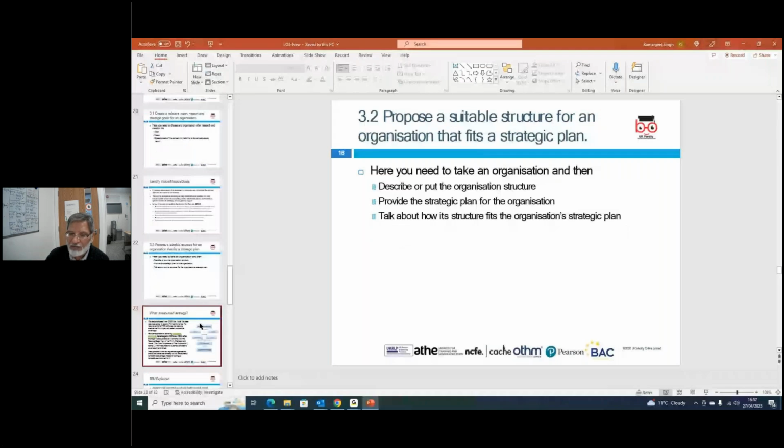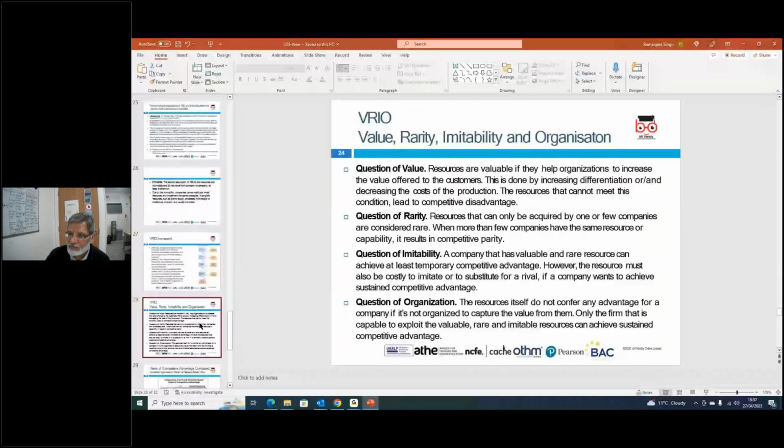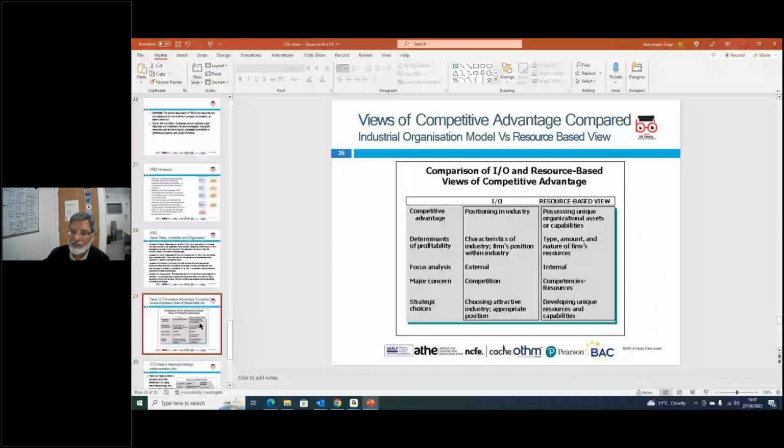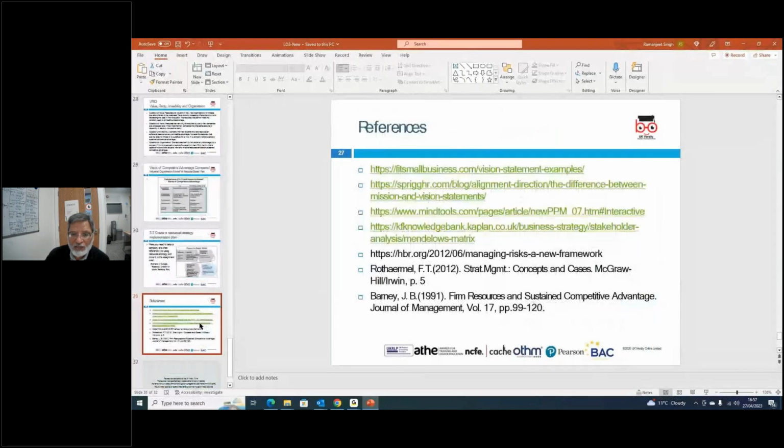So you can create a plan for your organization using different organization charts and templates. And thirdly, we looked at the VRIO model, creating a resource-based implementation plan.